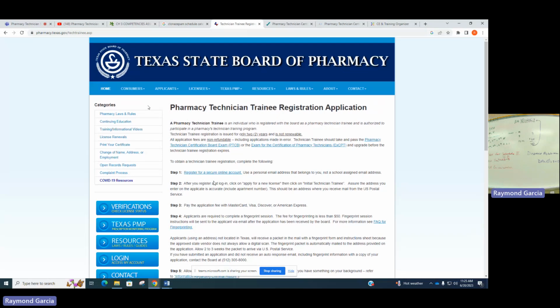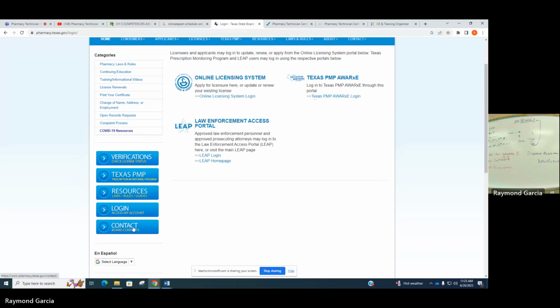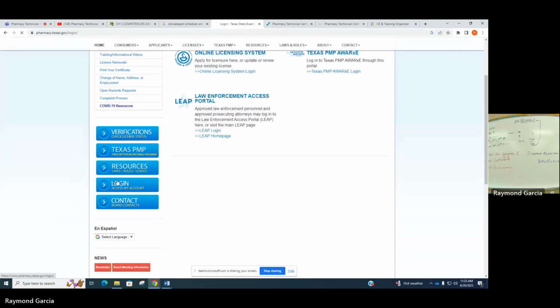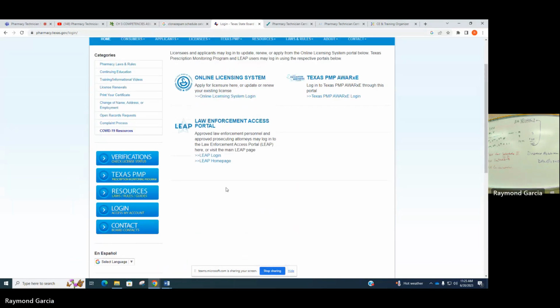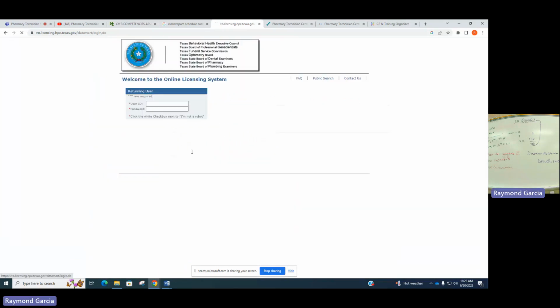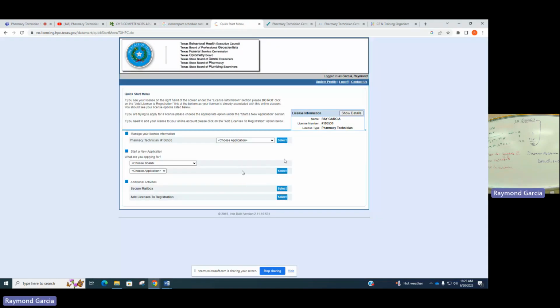Also, we have a certificate for the Texas State Board, and I'll show you mine. So this gives you my information as far as that I'm up to date with the Texas State Board.